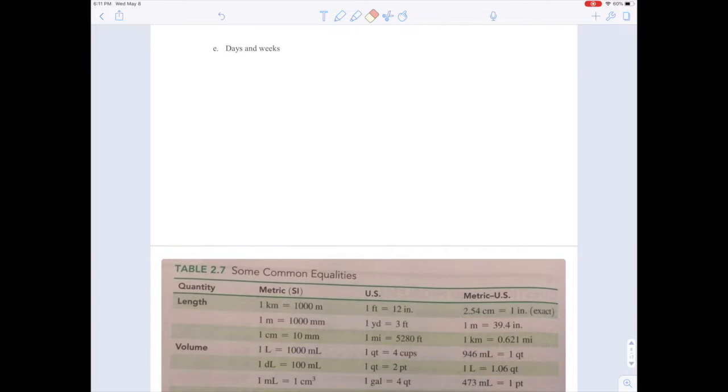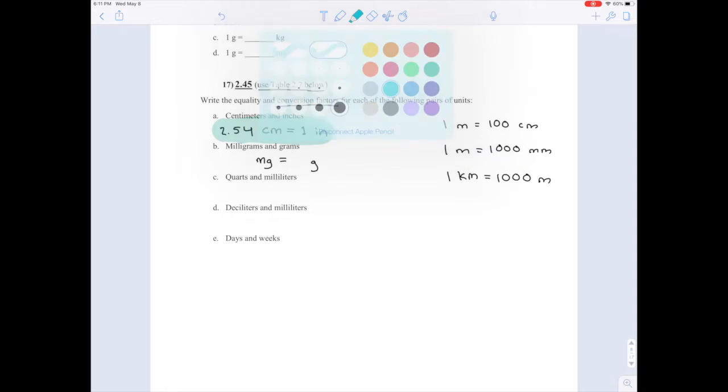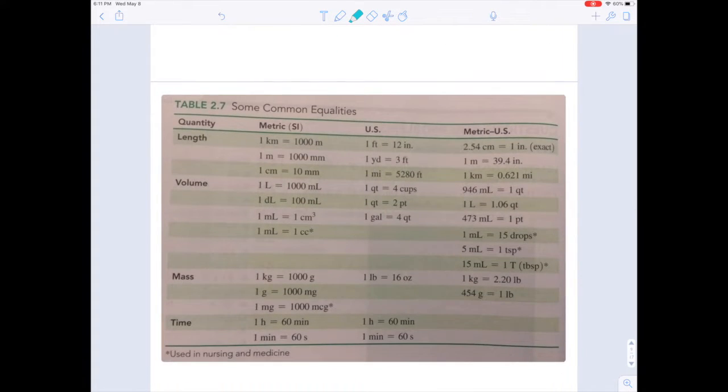Okay, let's try B. B says milligrams and grams. So the question is to write the conversion for that. How do those two units relate? How do milligrams relate to grams? Now those are both metric units, so when we go to this table, we're going to stick on that left column, the column that only lists metric units.